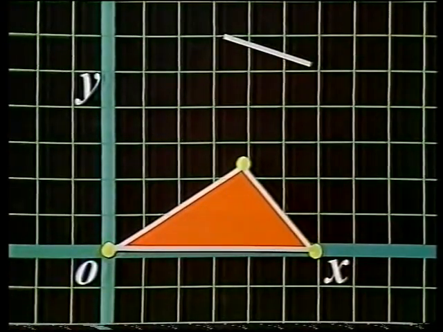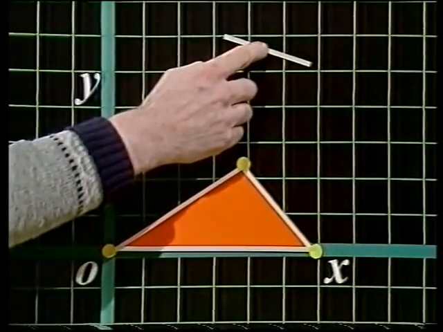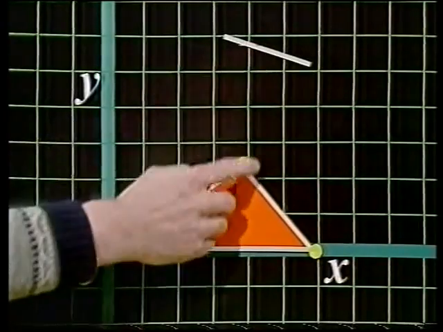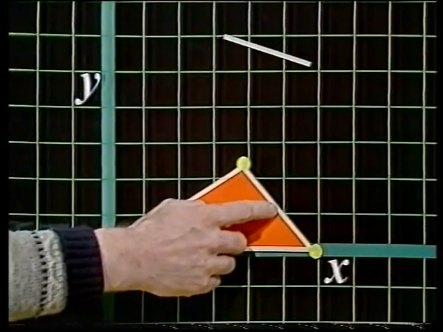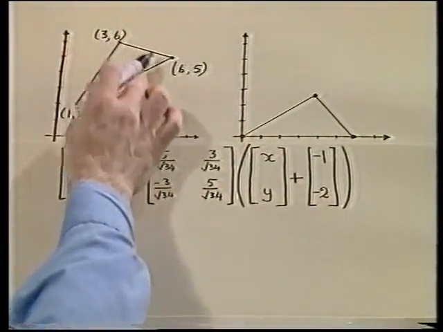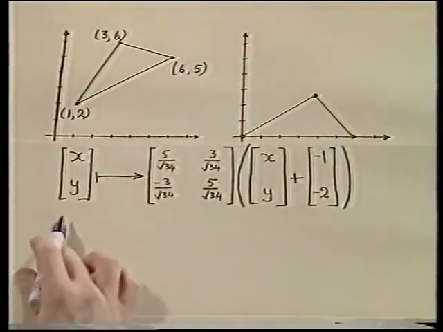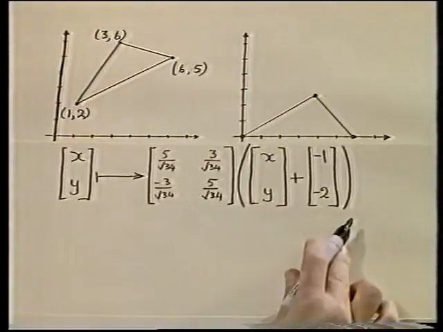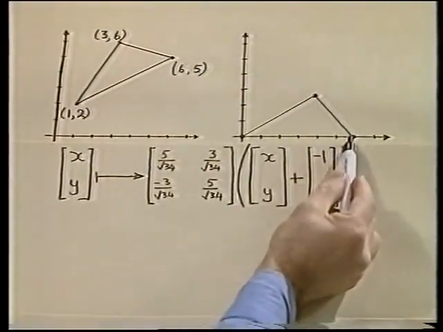But we must be sure that when we apply our matrix transformation formula to the coordinates of any old point on the original line, we do indeed obtain the coordinates of some point on this line. So what I've got to do is to take a point on this line, transform it using this matrix transformation, and show that I get a point on this line.